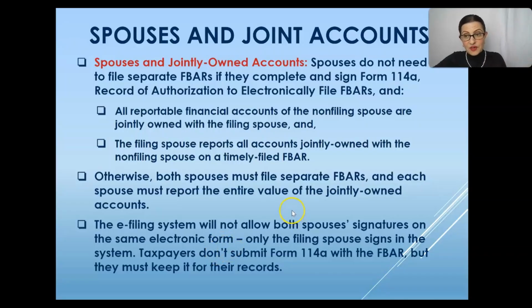If you have a married couple, and all of their accounts are jointly held, and they only want to file one FBAR, then the filing spouse signs it, and the other spouse has to sign form 114A and keep that with their records. Like I said, this made me a little bit nervous the year that I did it, several years ago. From then on, we just file 2 FBARs, one for you and one for me.